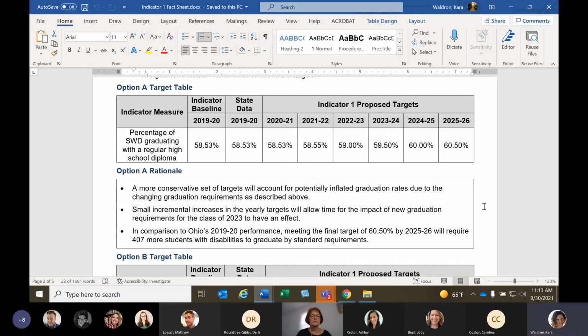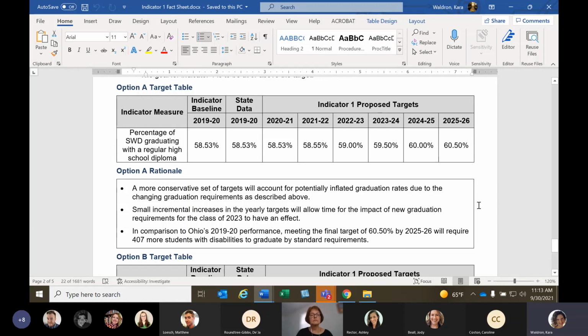So you can see that this is where we get to look at actual targets. Rather than the guessing of, well, whatever we are at plus 0.2 or 0.5, we get to look at actual targets. So I think that is a welcome transition from indicator 3.